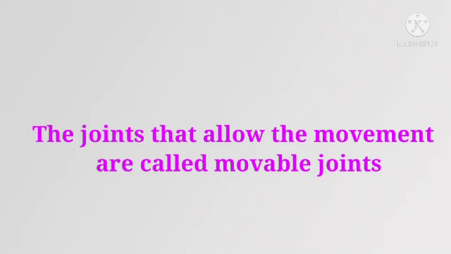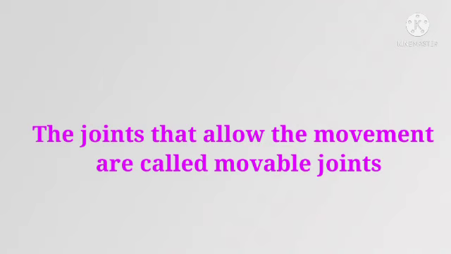Movable joints means the joints that allow movement are called movable joints. We know most of the joints allow movements, isn't it? Examples of movable joints: our neck we can make move. Then our shoulder, ankle, wrist, all these joints are movable, isn't it?